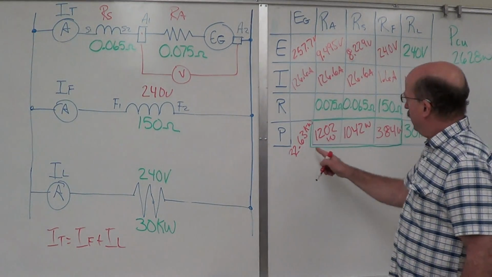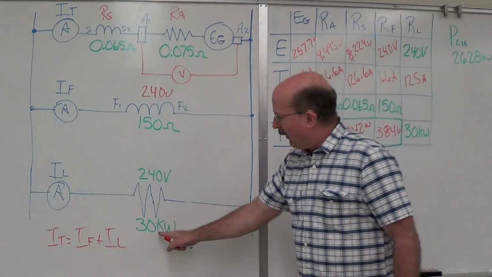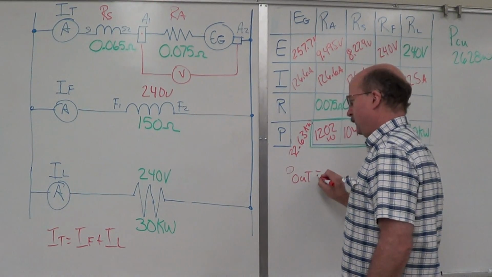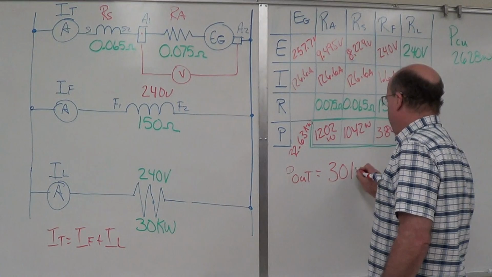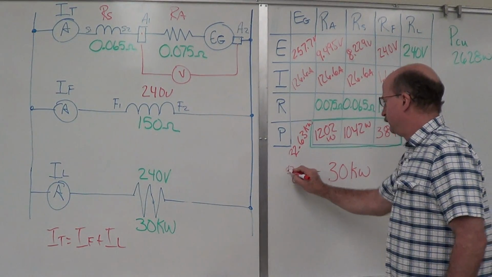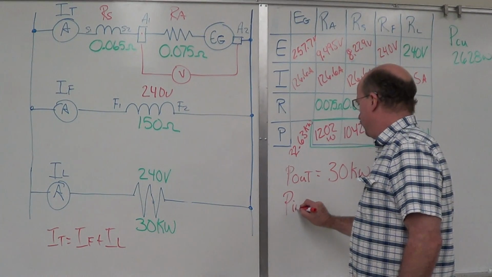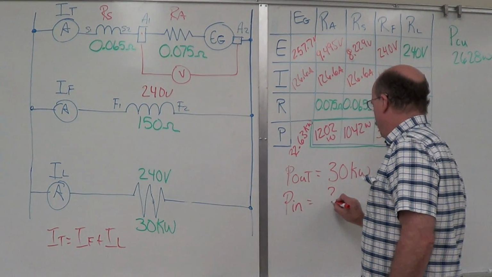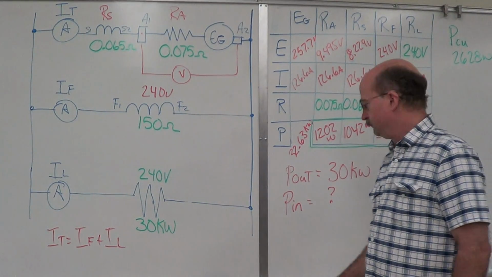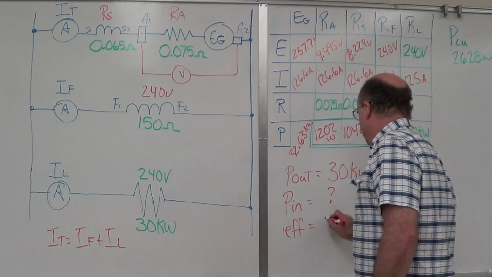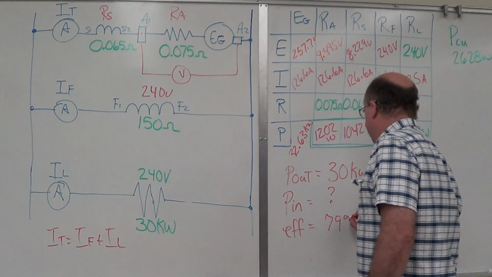Horsepower. What are we getting out of here? Power out: 30 kW. Power in: we don't know, right? Efficiency: 79%.